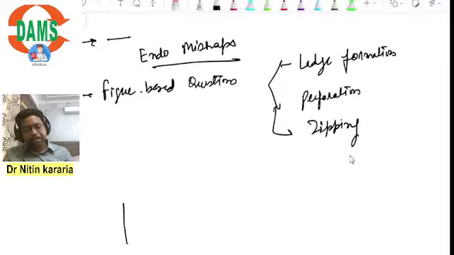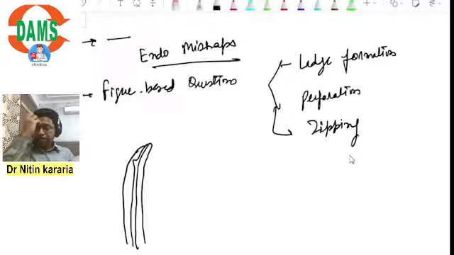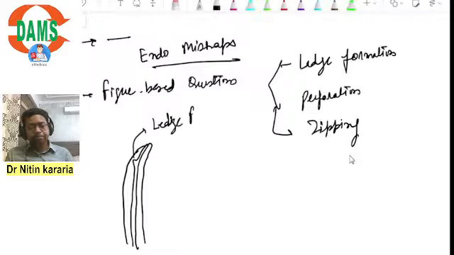Means if there is a figure like this, with the root canal like this, there is an extension of shelf formed in the root canal. This is ledge formation. Ledge is a horizontal shelf-like extension that prevents the passage of instrument to the full working length or the apical 1/3 of the root canal.